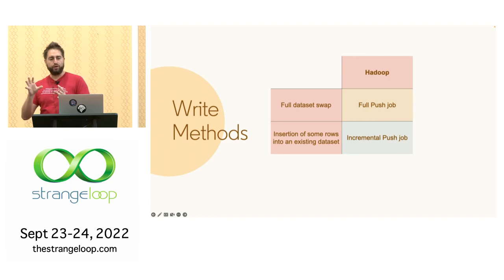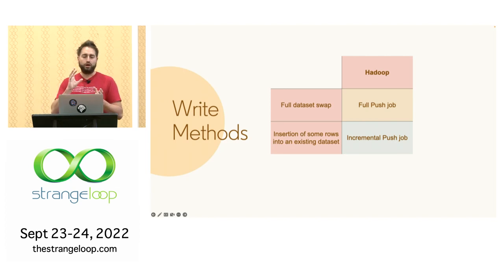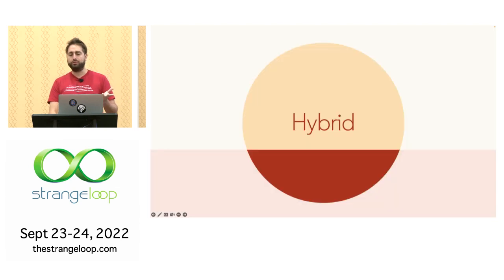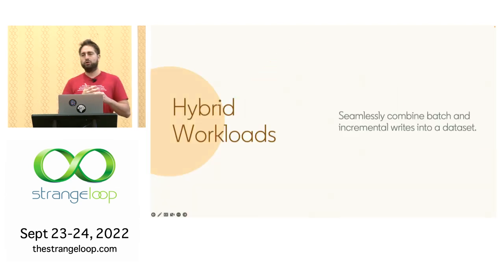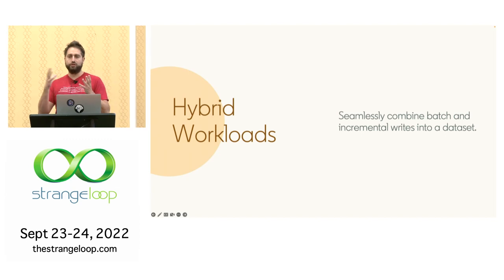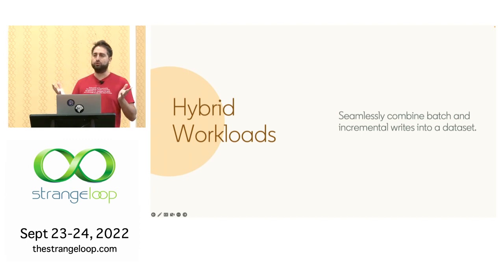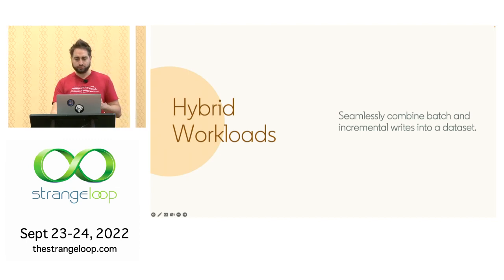But before we go there, I also want to touch on some of our use cases that want to do both of these things at the same time, right? They want to have full pushes and also incremental pushes. We call that hybrid.